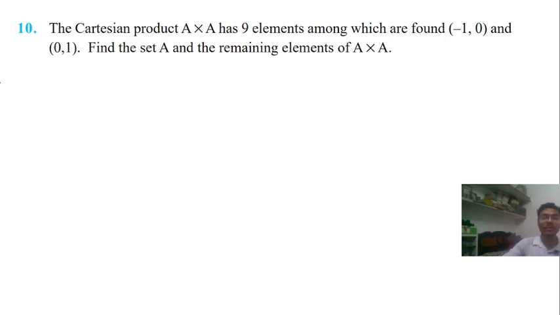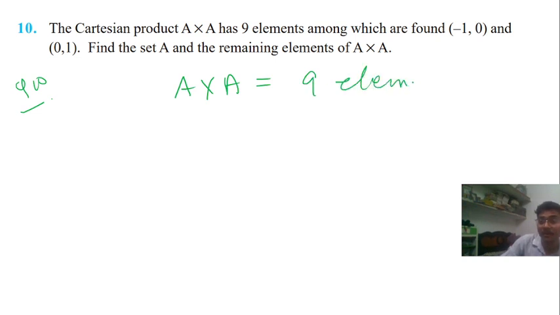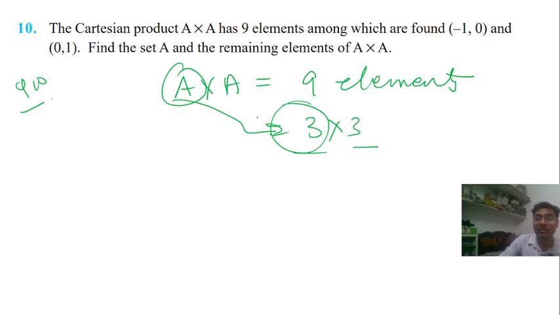Coming to question number 10, the Cartesian product of A cross A has 9 elements, among them 1, 1. So they are saying A cross A has 9 elements. If we try to find out, we'll try to factorize this, we'll get 3 cross 3, which means A has 3 elements.